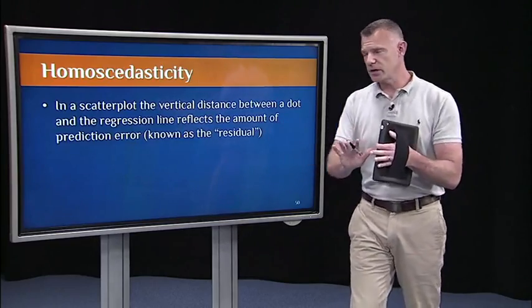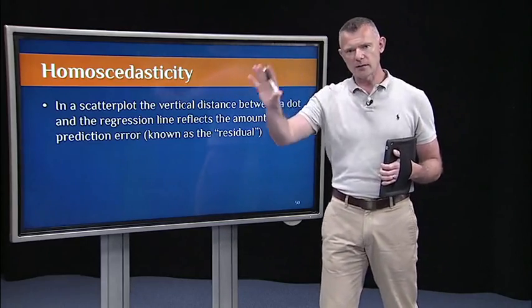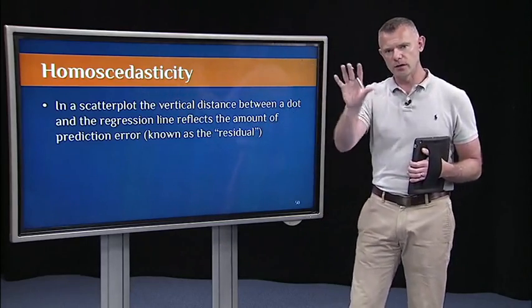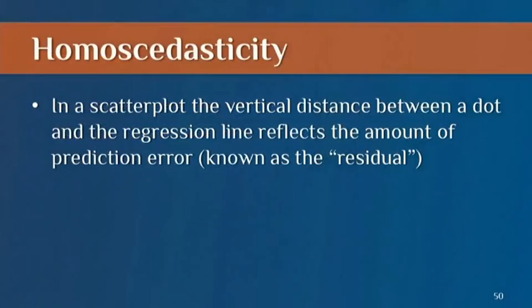First, to give you the definition, remember in a scatter plot, all the dots represent individual cases or individual subjects. The vertical distance between a dot and the regression line or the prediction line is the prediction error for that individual, also known as the residual.